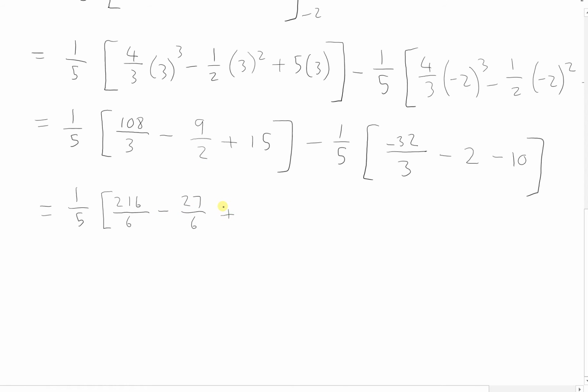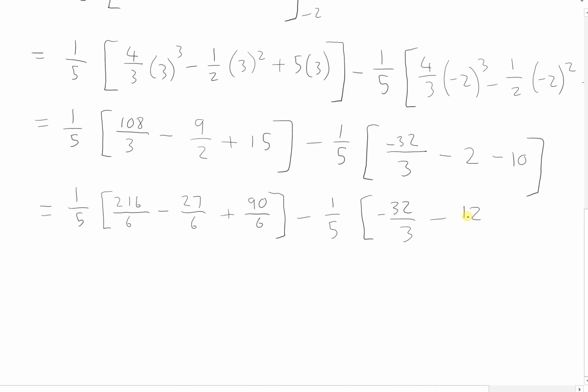And then over here, it's 15 times 6, which is 90 over 6, okay? Minus 1 over 5 multiplied by negative 32 over 3 minus 12, okay?